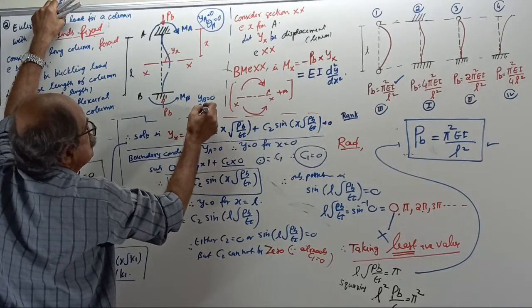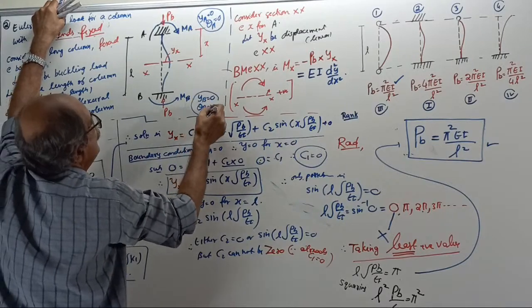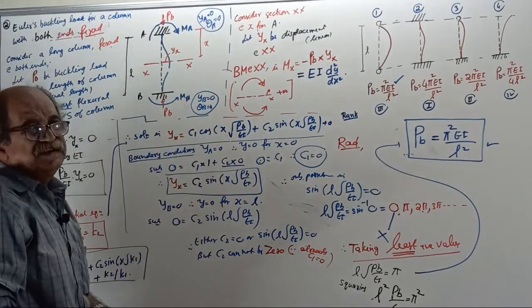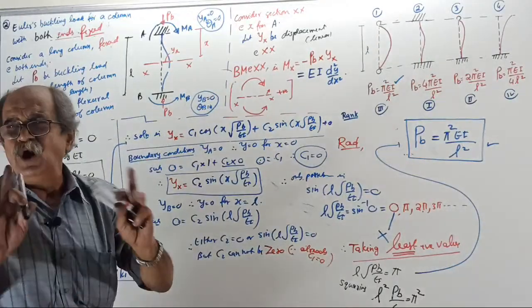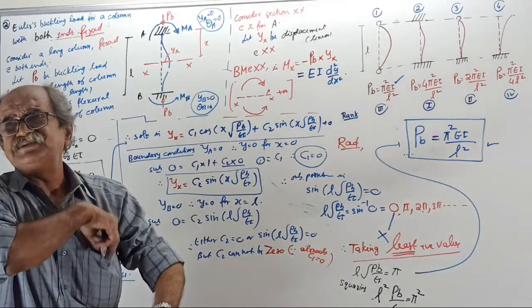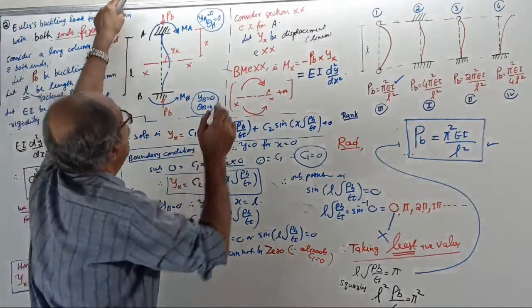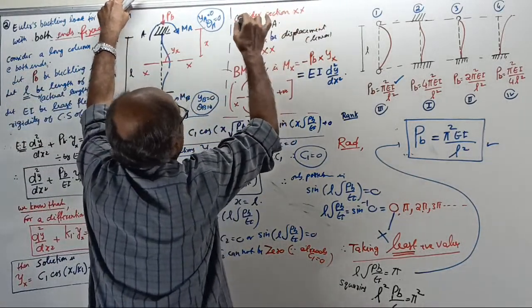In simple language, at the fixed end, slope and deflection both are 0. Okay, start. Consider section XX at X from A.